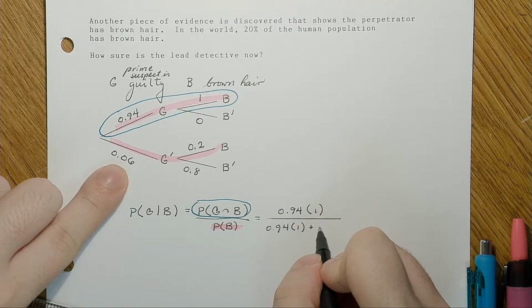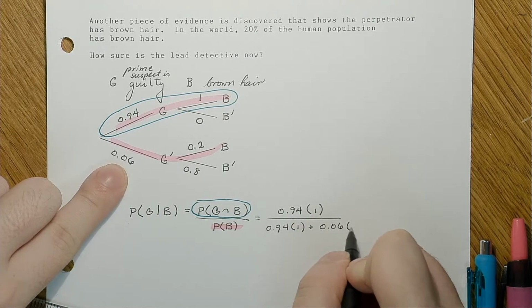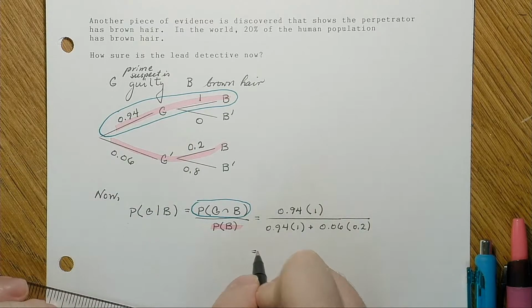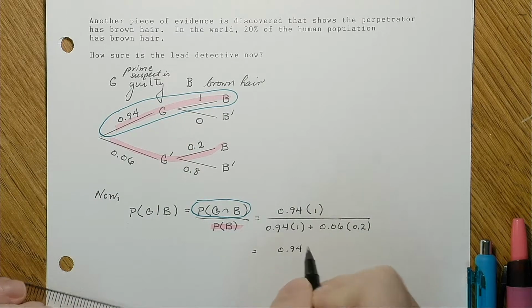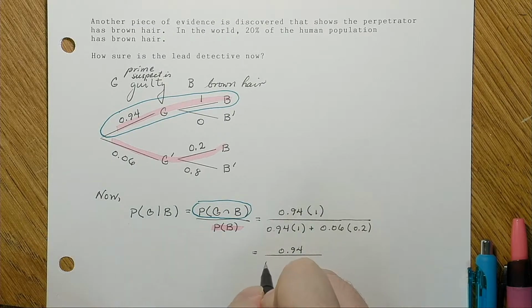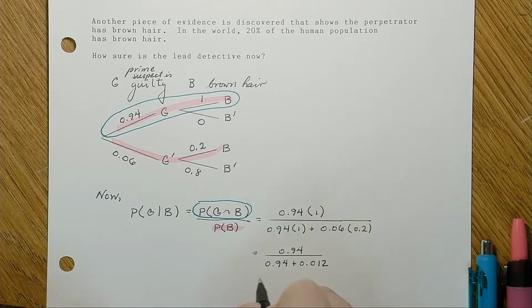So doing that, I get 0.06 times 0.2. So 0.94 over 0.94 plus 0.012.